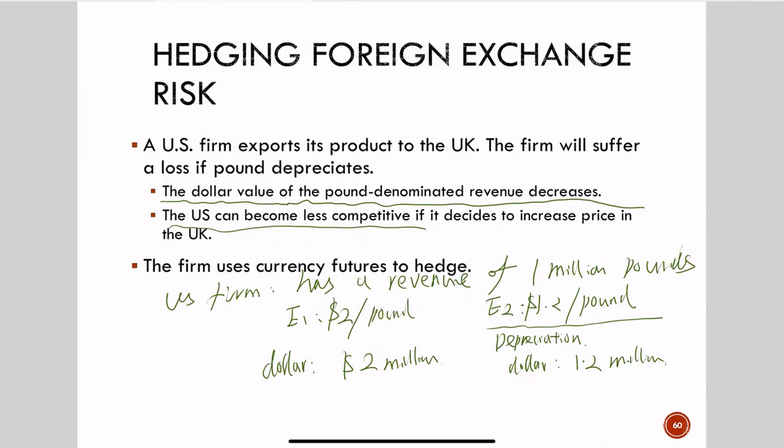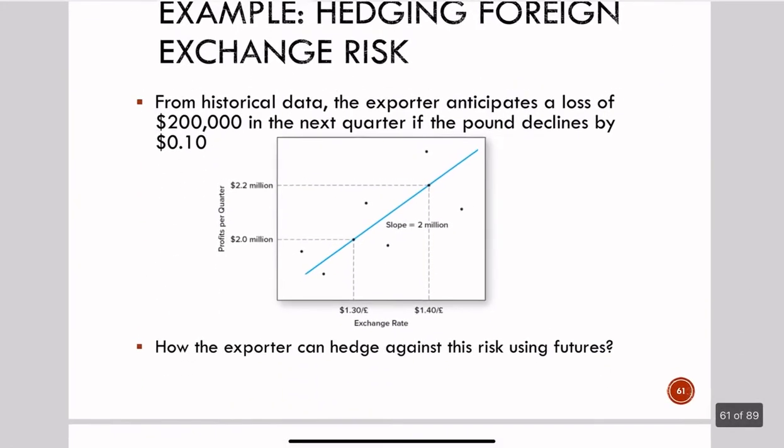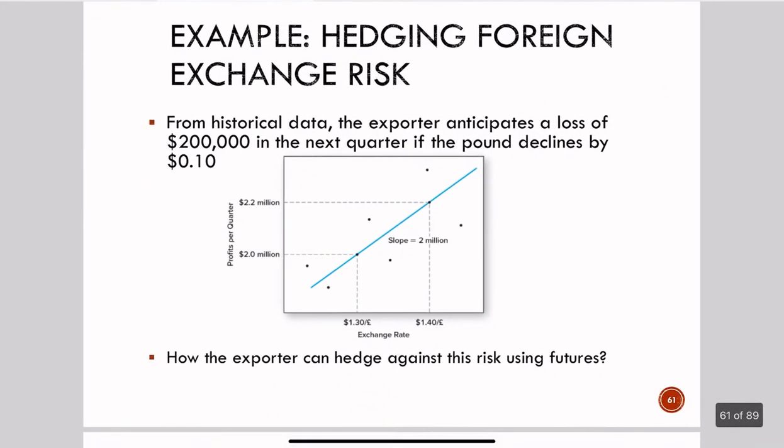It basically means this firm has a long position in the UK pound, right? So if you want to hedge a long position, what can you do? Well, you should take a short position in the futures, right? Okay, now let's see exactly how this works.